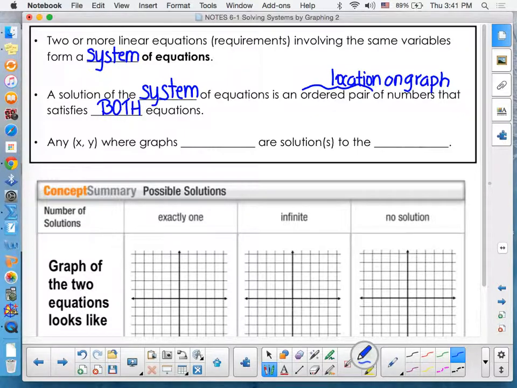On our map, I was looking for a place where I could be both on Loomis and on 51st Street at the same time, and there was a location. Any x, y where graphs intersect, think intersection like our roads, that ordered pair would be a solution to the system.